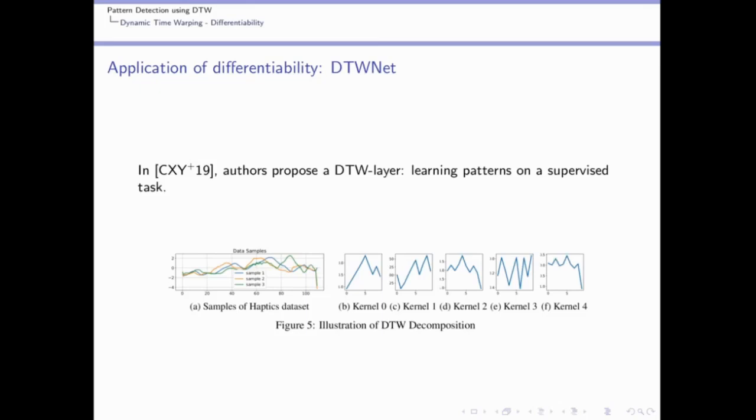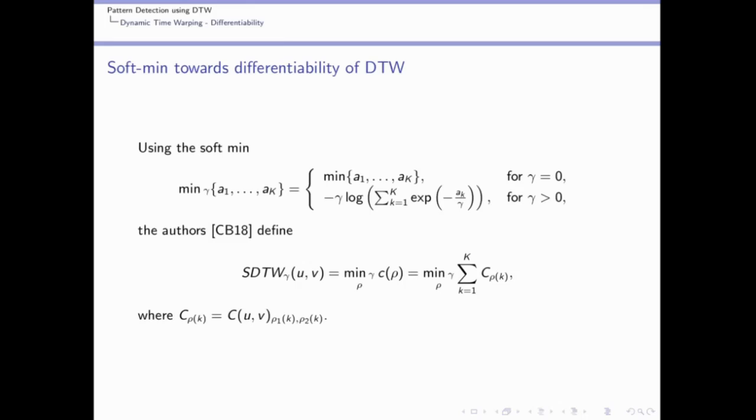This is one of the motivations for soft DTW, introduced by Cuturi and Blondel in 2018, which relies on the soft min instead of the hard min. For real values a1 to ak, the soft min is defined, for a gamma greater than 0, as minus gamma log of the sum of exponentials of minus ak over gamma. When gamma converges to 0, we recover the ordinary minimum.